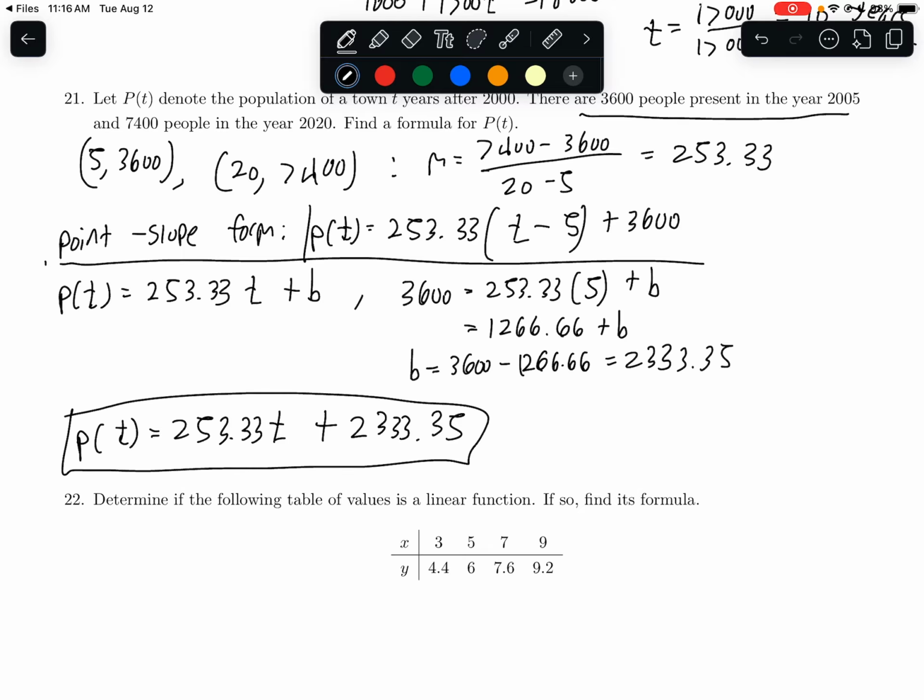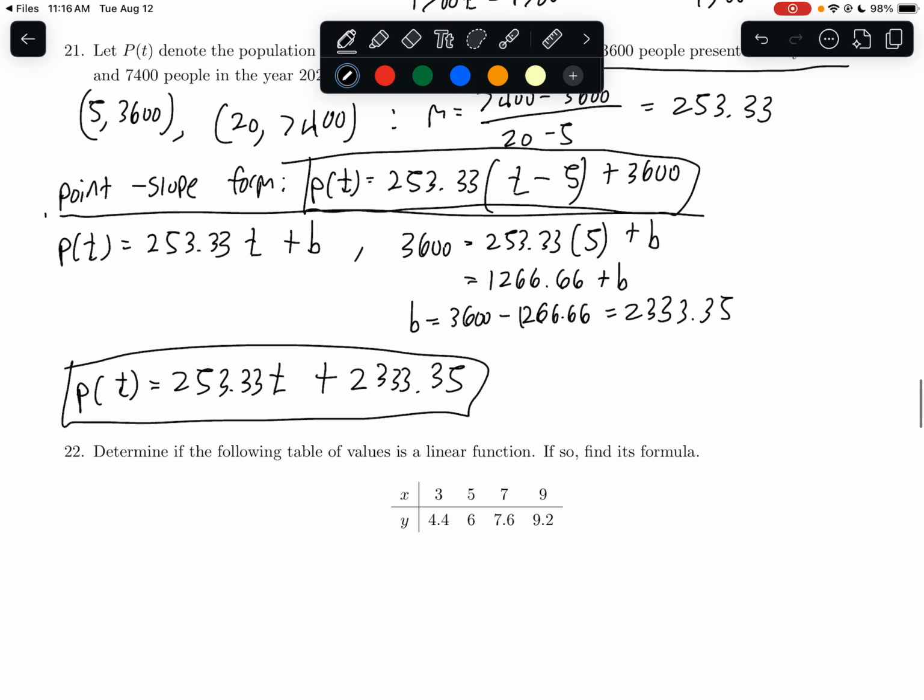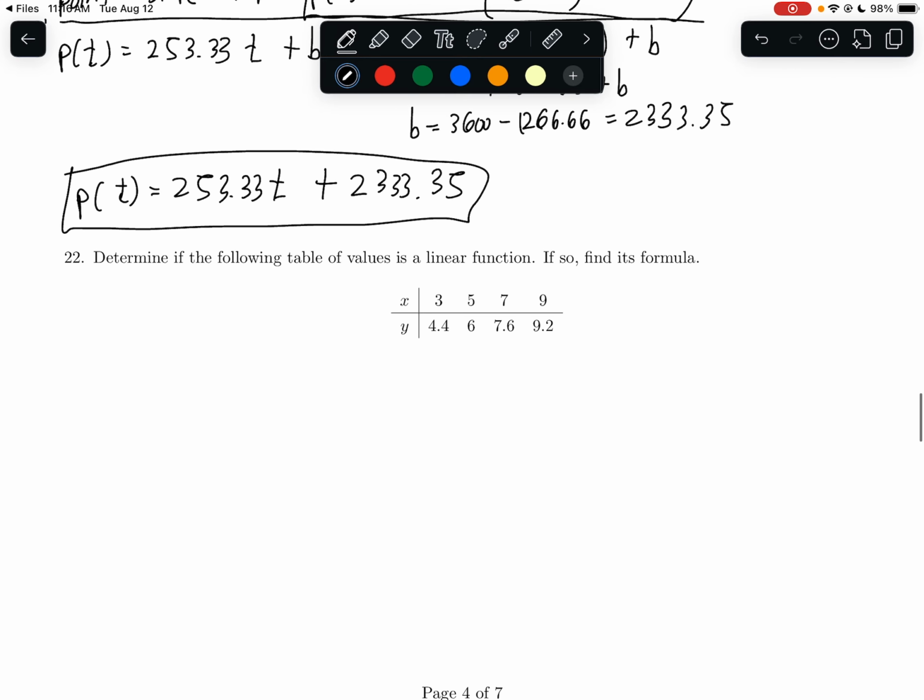So either one of these would be fine, or you could use the other point, the point slope form. It doesn't matter which form you want to have your answer in. There's just two different ways to go there.